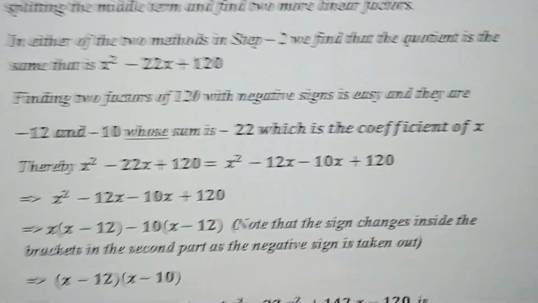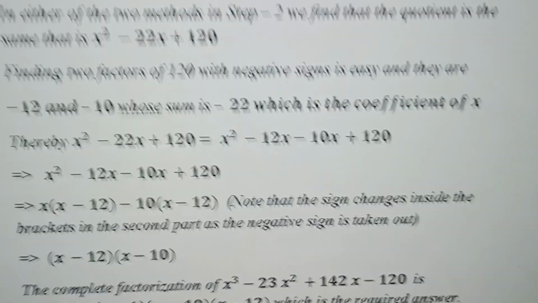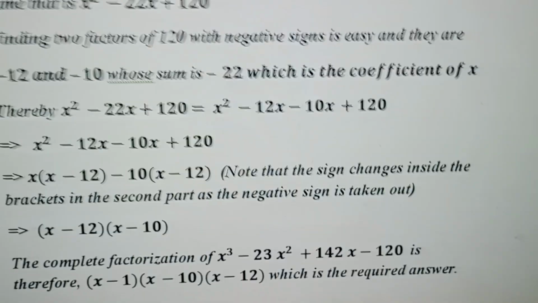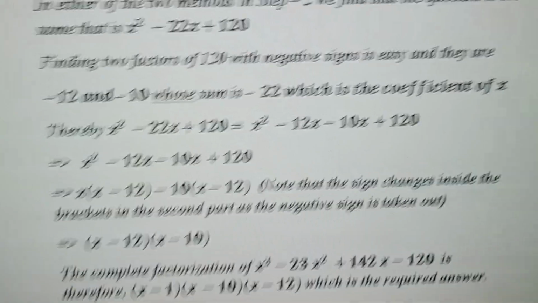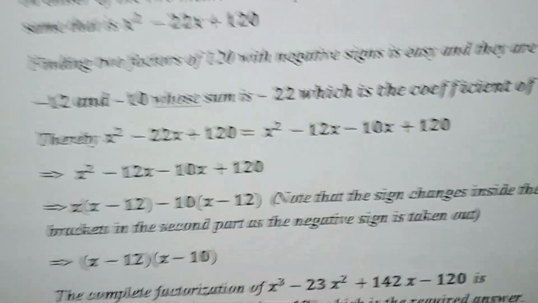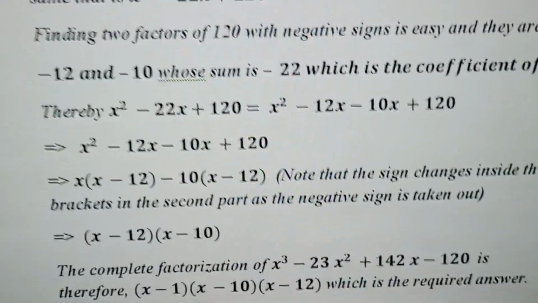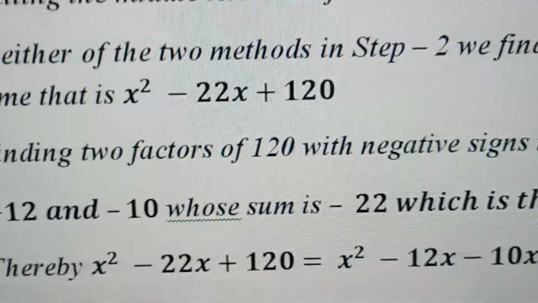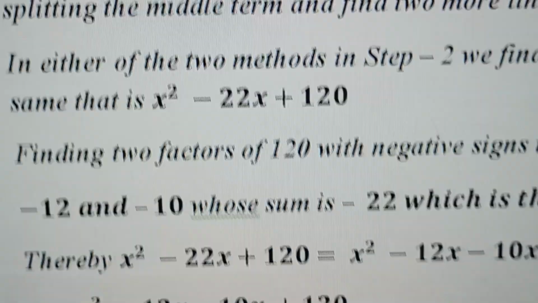Finding two factors of 120, with a negative and a positive sign, is easy, and they are minus 12 and minus 10, both negative signs, because they have to add together to get minus 22 there. See that? It's a minus 22.